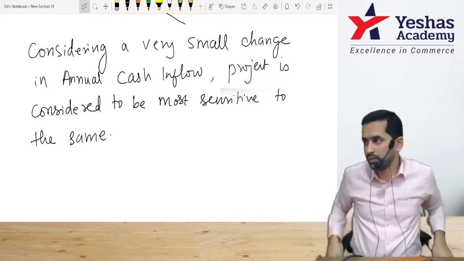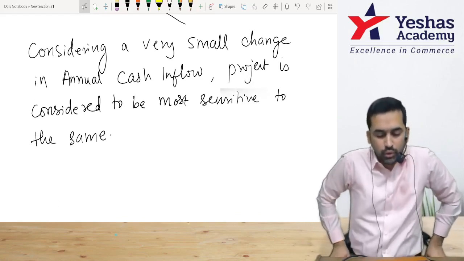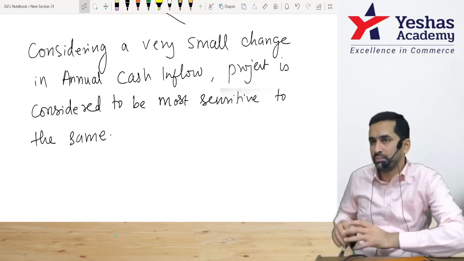Project is considered to be most sensitive to the same.